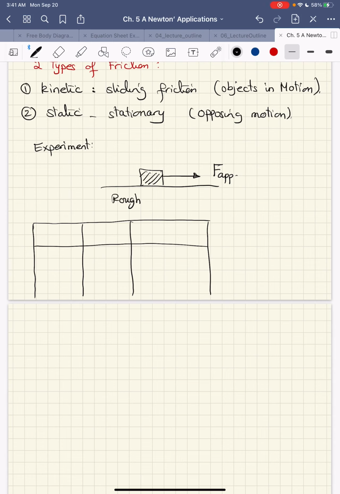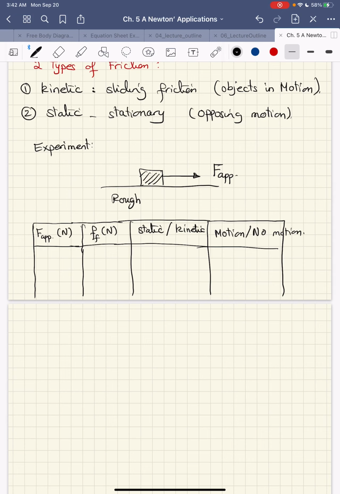Okay, now here I will say F applied, and this is in newtons. Here I'm gonna talk about FF, the force of friction. Here static or kinetic. And I want to add another column here, say motion, no motion.